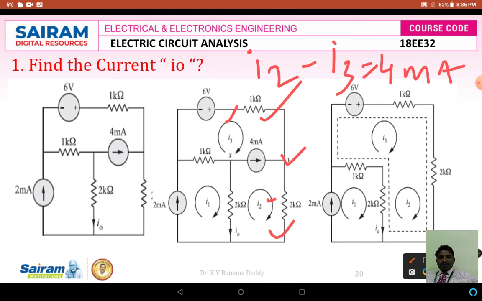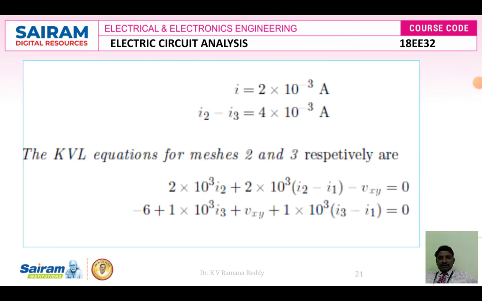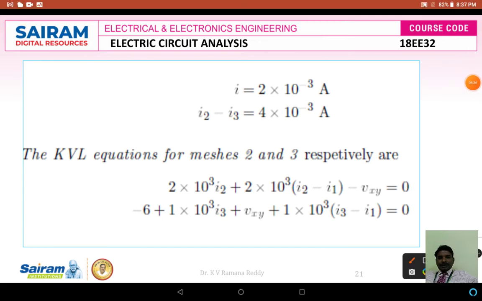Now I2 minus I3 is equal to 4 milliamperes, and again I want to apply the KVL in combination of loop 3 and loop 2. If I write the KVL equation with loop 3 and loop 2, or mesh 3 and mesh 2, the equation is 2 into 10 power 3 into I2 plus 2 into 10 power 3 into I2 minus I1 minus Vxy is equal to 0.